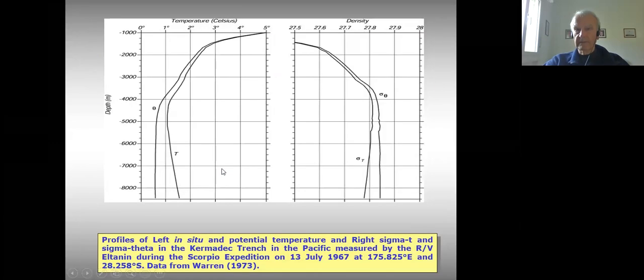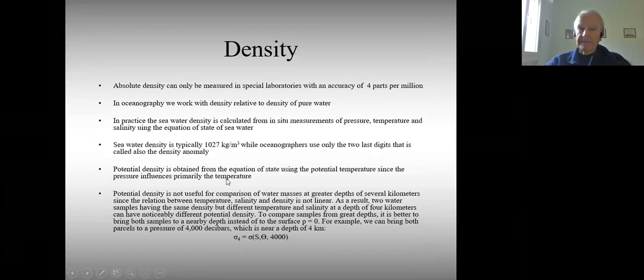Okay, density. Potential density is not useful for comparison of water masses at greater depths of several kilometers, since the relationship between temperature, salinity, and density is not linear. As a result, two water samples having the same density but different temperature and salinity at a depth of 4 kilometers have noticeably different potential density.